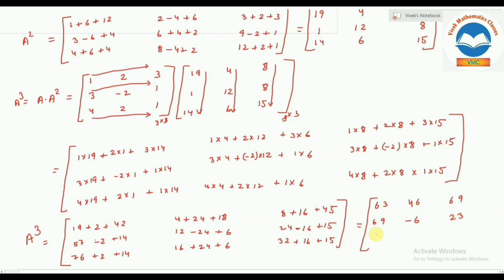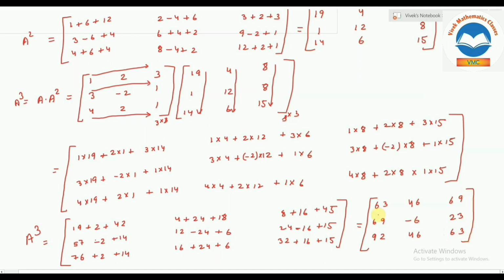Okay, next here 76 plus 14 will be 90, 90 plus 2 will be 92. Here 16 plus 24 will be 40, plus 6 will be 46. And next 15 plus 16 will be 31, plus 32 will be 63.